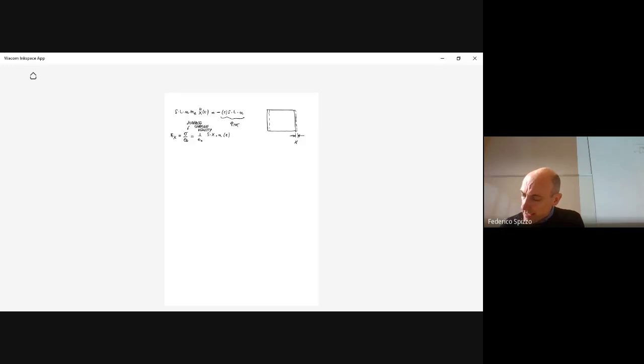So this is the amount of charge that we have within that slab. To have the charge density, we have to divide by the surface of that slab. So this is the surface charge density.